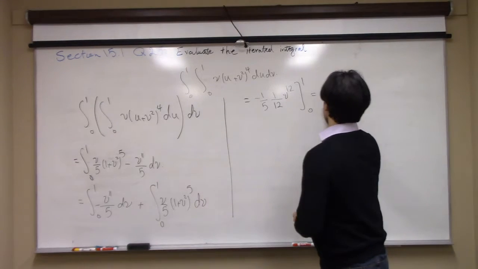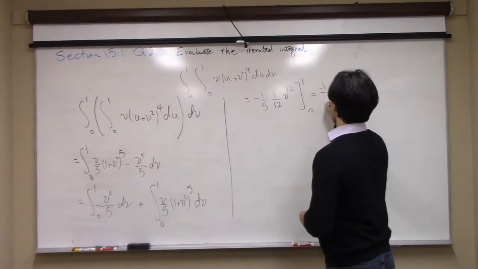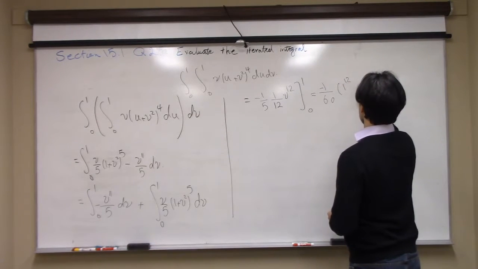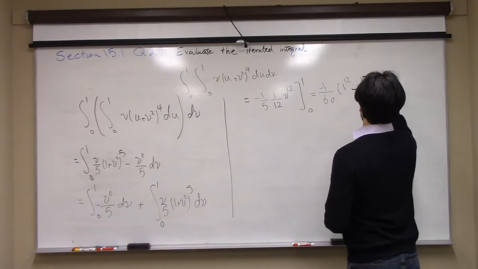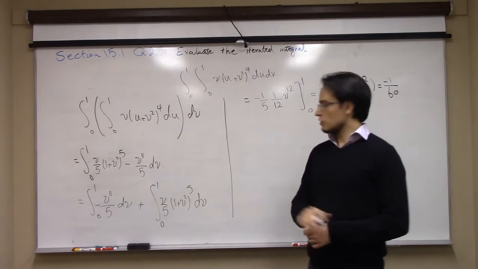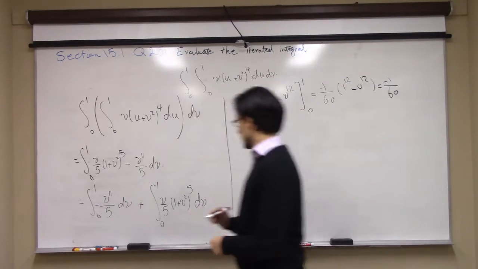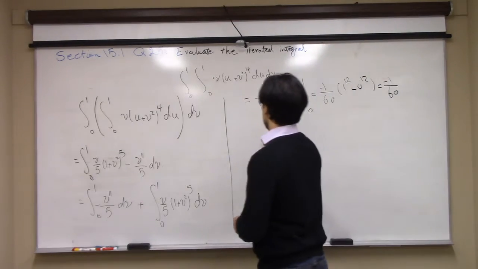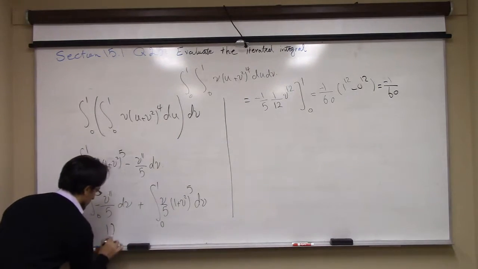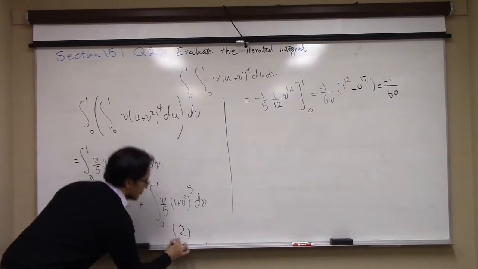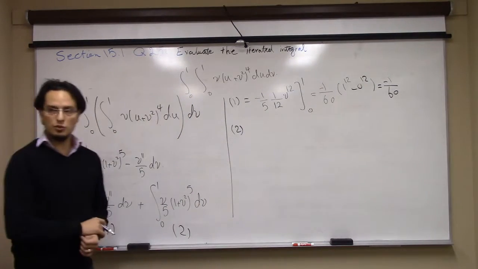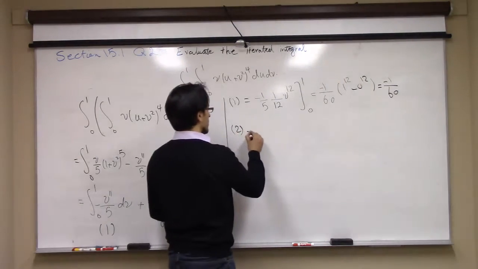And that is going to give me negative 1 over 60 times (1 to the power 12 minus 0 to the power 12), which is minus 1 over 60. So that's the first integral. Let me call these integrals 1 and 2. I found 1. Now time to find 2, which is the integral of v over 5 times (1 plus v squared) to the power 5.